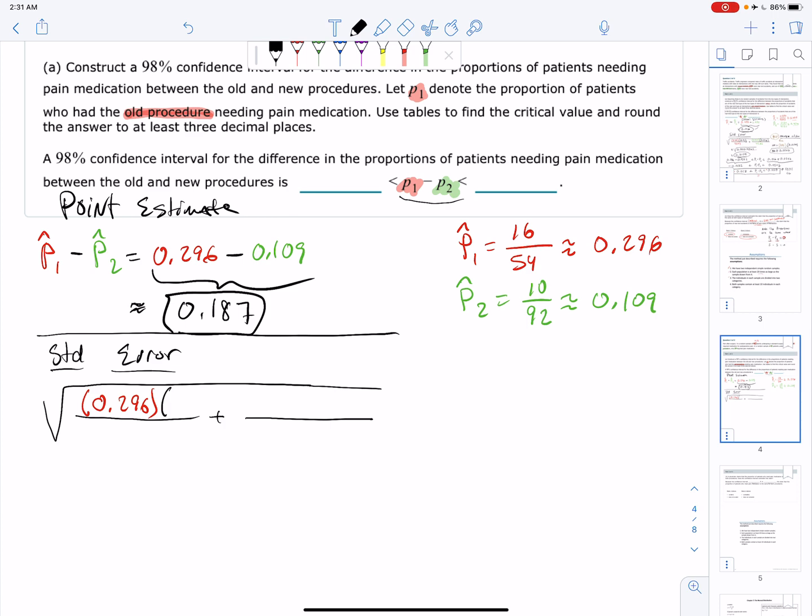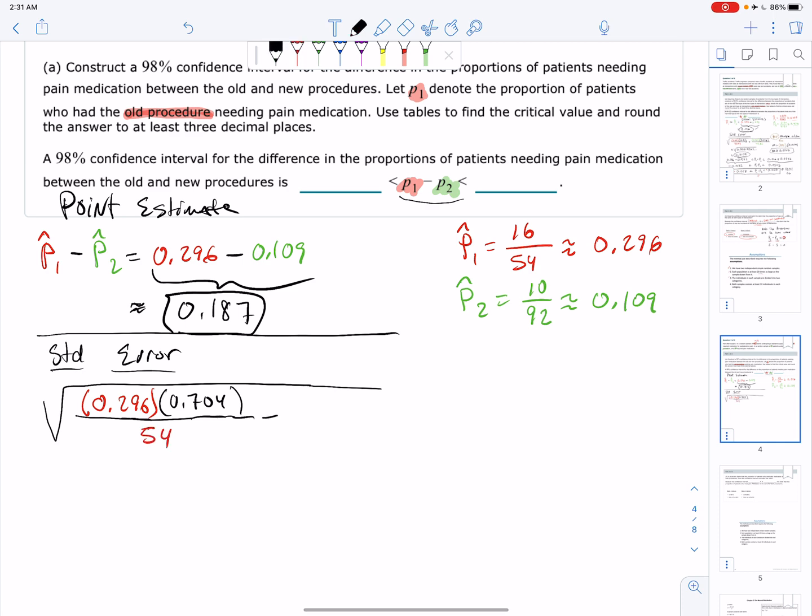I clearly didn't use enough space here. The complement is 1 minus this red 0.296, and when I take 1 minus the red, I get 0.704. This is all over my first sample size, which is 54.